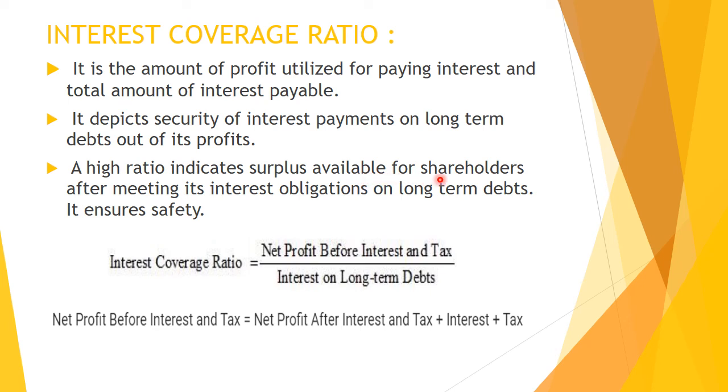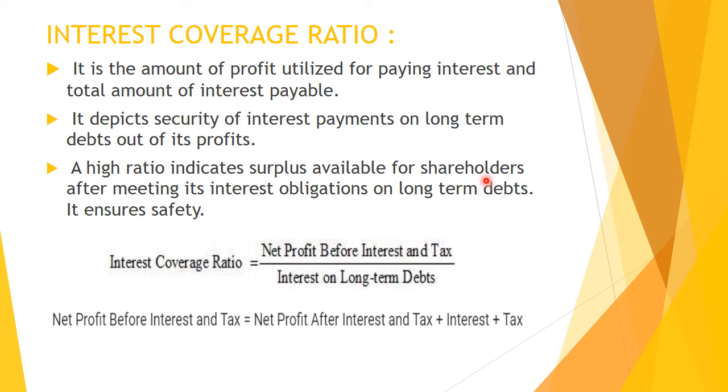So if the ratio is high, it indicates that there is ample money for the shareholders to get their dividend. Because only after meeting the obligations on these long-term debts can I declare the dividends to the shareholders.